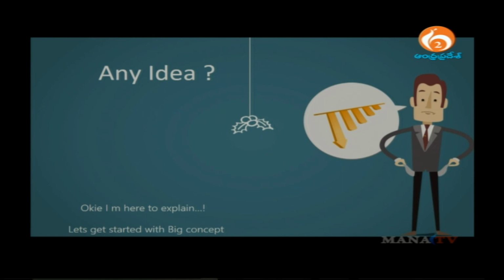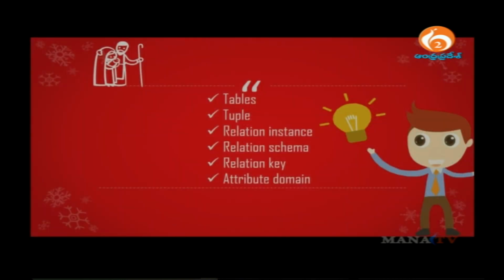No problem. Okay, here I am going to explain what the big concepts in this relational data model are. What are the concepts involved here? The concepts involved in the relational data model are tables, tuples, relation instance, relation schema, relation key, attribute domain.